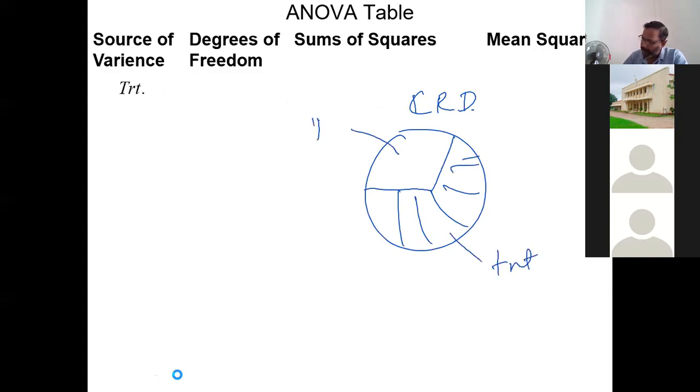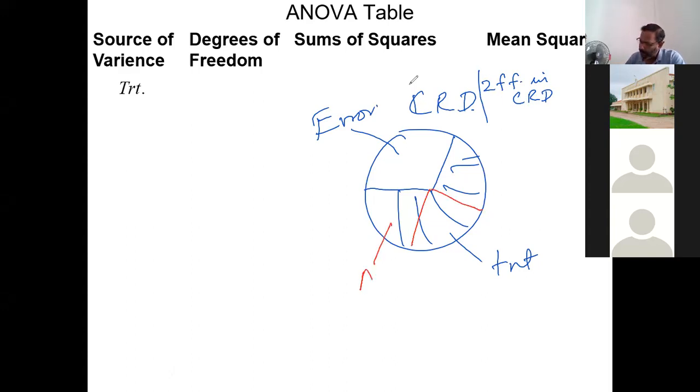This component is due to error. Now, if you say two-factor factorial in CRD, right? Actually, this treatment component is divided into different components.